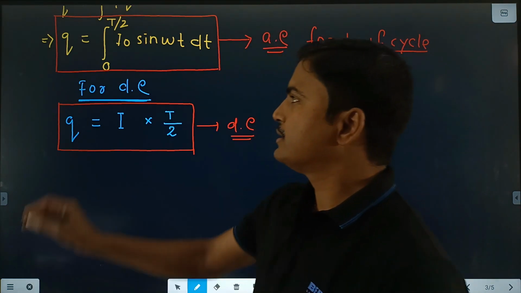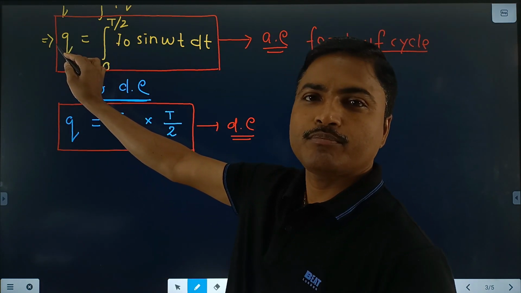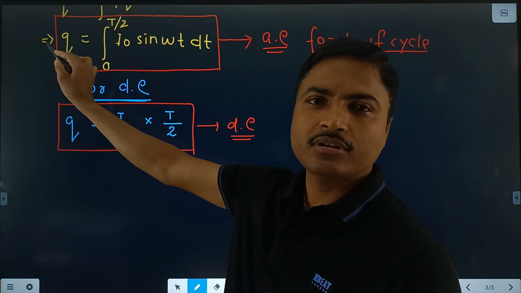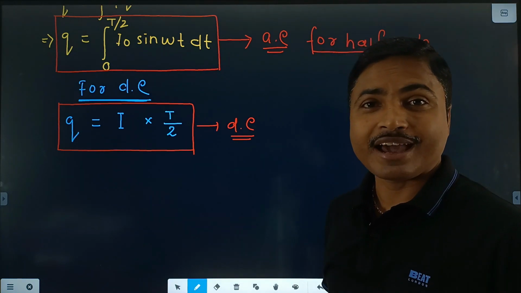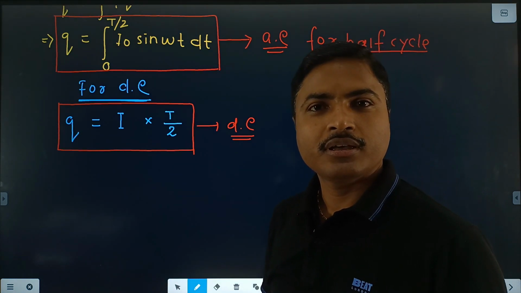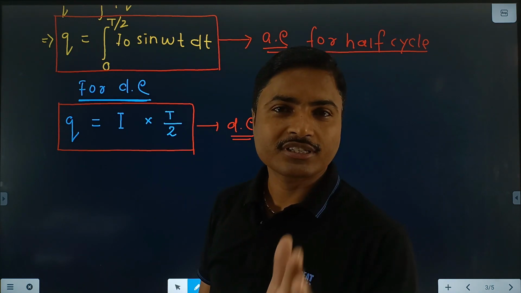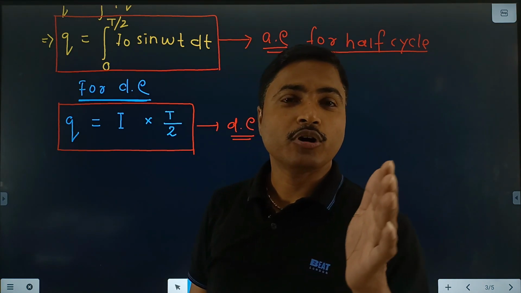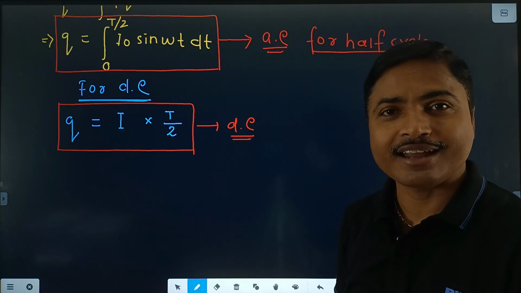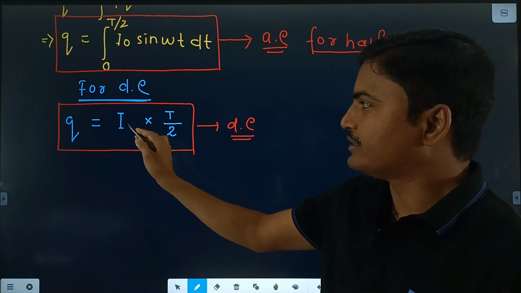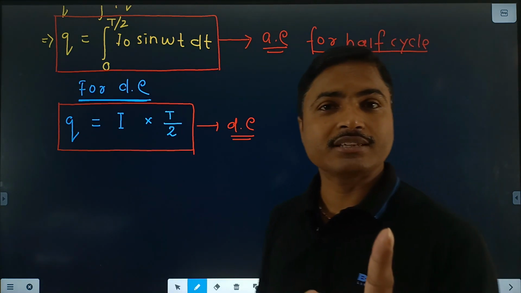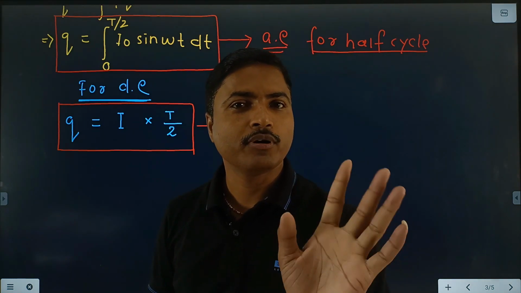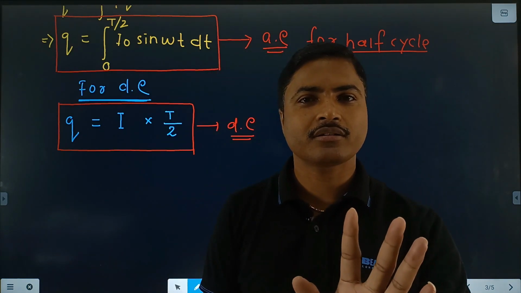And if the charge flowing for alternating current is Q, and the charge flowing for direct current is also Q, that is, if the charge flowing through the circuit is the same for both, then this direct current is known as the mean value of alternating current. Clear?